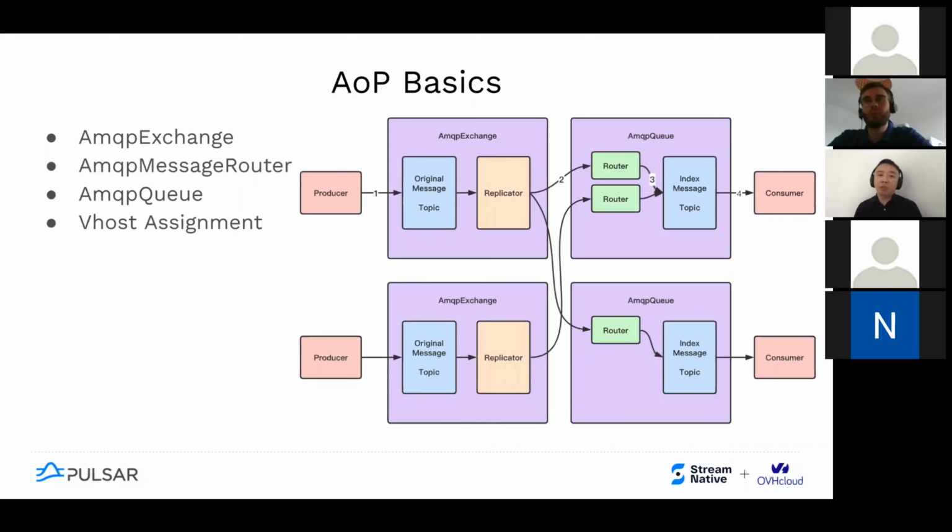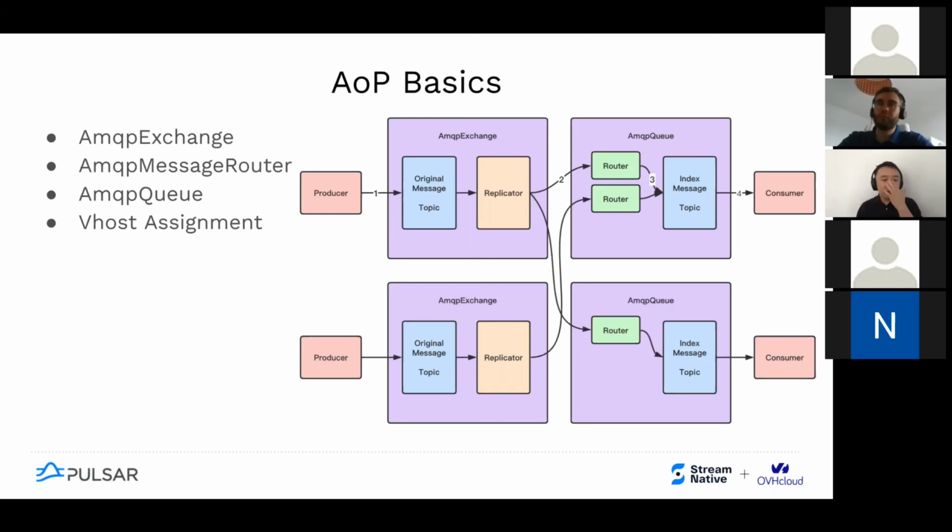That index topic is used as an AMQP queue. So this is the whole architecture. As you can see, all the building blocks here come from Pulsar: the topic itself is a distributed log, and the index topic is also a distributed log. And the replicator mechanism in place is actually the replicator that Pulsar uses for geo-replication.